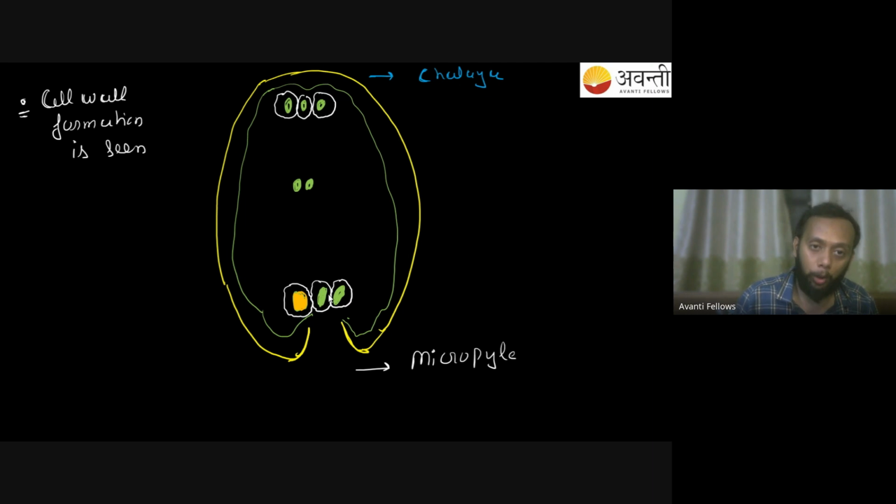And you have one more cell, this large structure which I've drawn. This cell, which is a very large one, is called my central cell. So 3 cells at the top, 3 cells at the bottom, and one large cell, that is my central cell.